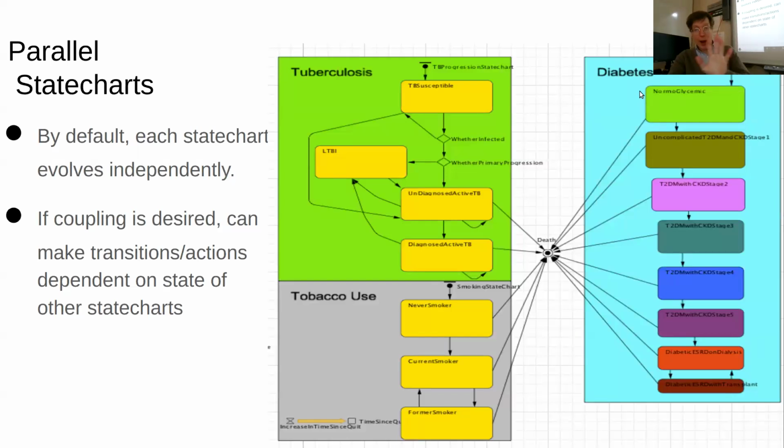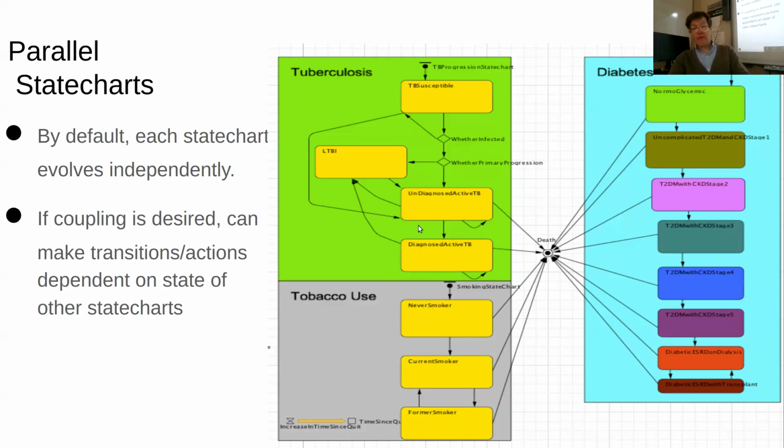And each of them has their own sphere of focus. The fact that we are characterizing them separately does not imply that they are entirely independent of one another. For example, tobacco use can worsen the risks associated with tuberculosis, and there's some evidence that diabetes can, particularly late-stage diabetes as well. Tobacco use can interact with diabetes.